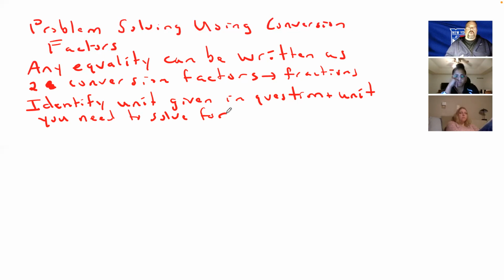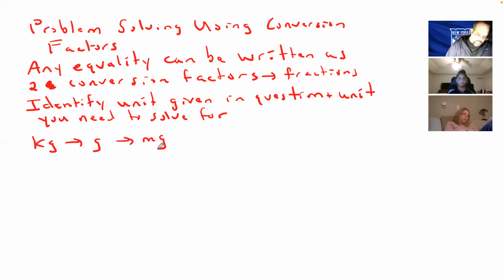The first one going from kilograms to grams, and then the other one going from grams to milligrams. Now, if you were going from kilograms to milligrams, in the first conversion, you would want the kilograms to cancel out to leave you with grams. And then in the second conversion, you would want the grams to cancel out to leave you with milligrams.